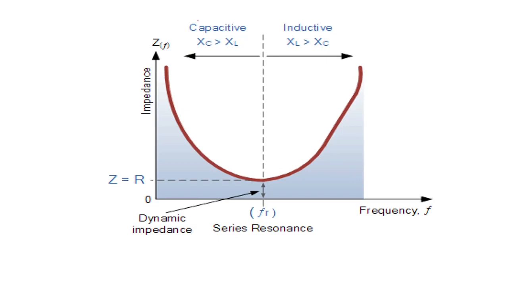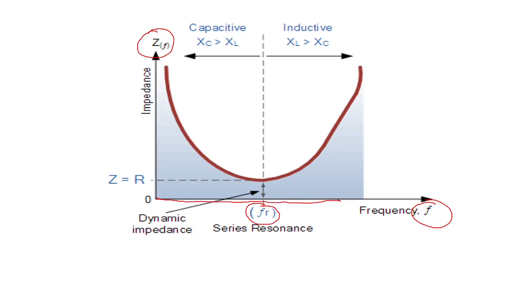Then if you see the graph of impedance versus frequency, here we have taken the x-axis as frequency and the y-axis as impedance. As the frequency starts increasing, it comes to the resonant frequency, and after the resonant frequency it is shown here.